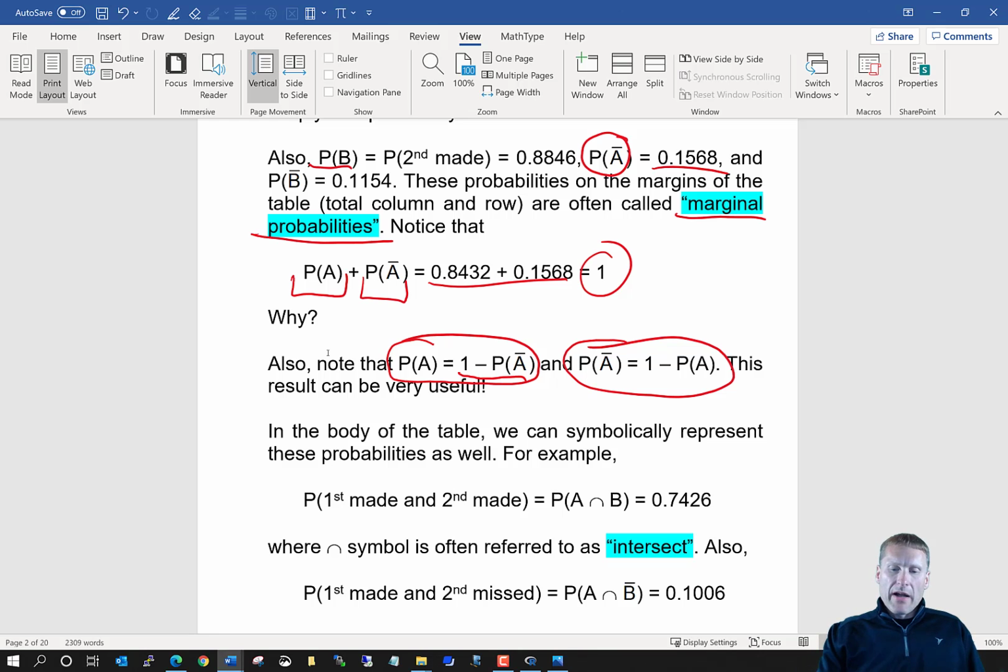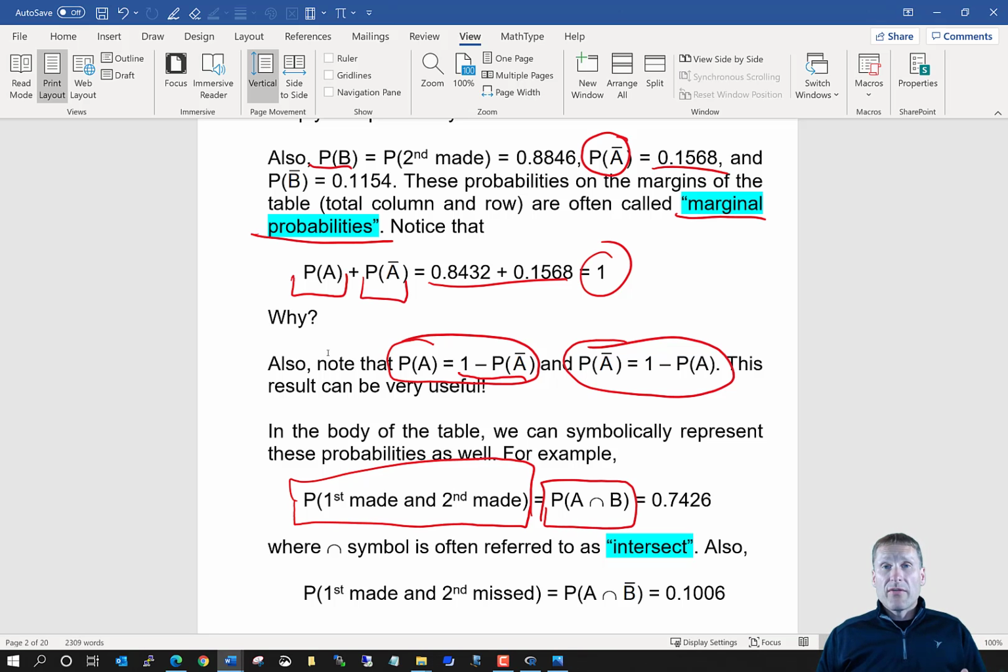Now, in terms of the body of the table, we can write out the probabilities in this form. The probability that the first was made and the second was made, we've already found that to be 0.7426. And this just represents a symbolic way to denote it. A general symbolic way is to use this notation.